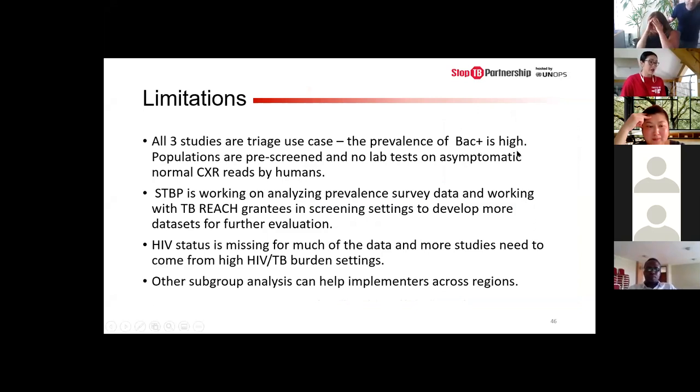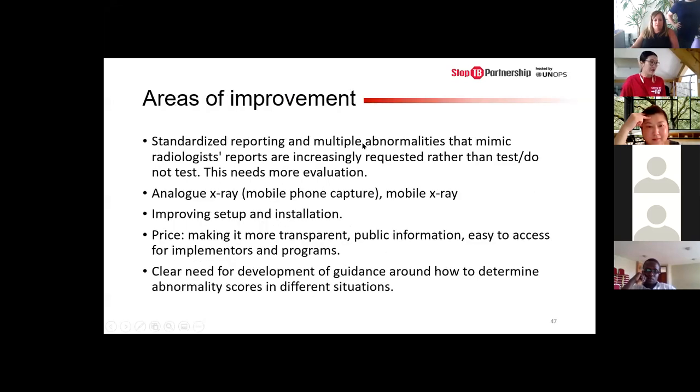The prevalence is generally high, but we're trying to work with some prevalence survey data and some TB REACH grantees that are using CAD in the screening setting. And for HIV status, we don't have enough data on different HIV statuses, so more studies are needed from high TB and HIV burden countries to help inform how to use CAD in this population.